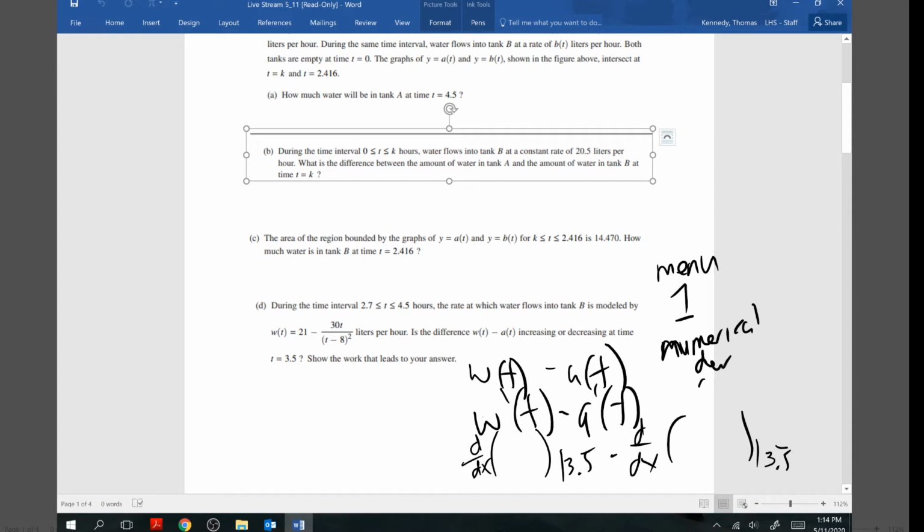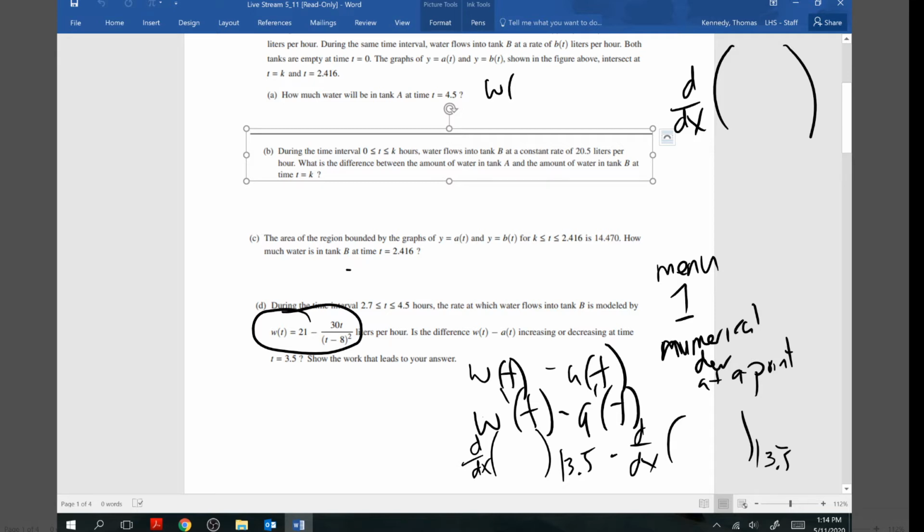If you don't have a calculator, the alternative play here is to actually, in Desmos, you can just graph the derivative of the function. Like if you type in w of t equals 21 minus 30t over t minus 8 squared, what you can do then is you can say z of t equals d over dt, since it's a t function, of w.